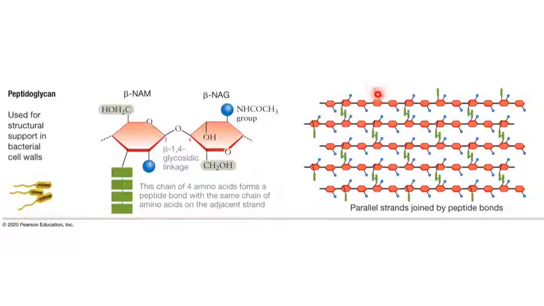So you can see in green the little peptide bits hanging off of each NAM sugar. Some of those are going to end up overlapping each other on adjacent chains of peptidoglycan, and you can get covalent bonds forming between those little bits of peptide. Because these chains are attached to each other using covalent bonds, this is an extremely strong structure formed by the peptidoglycan.